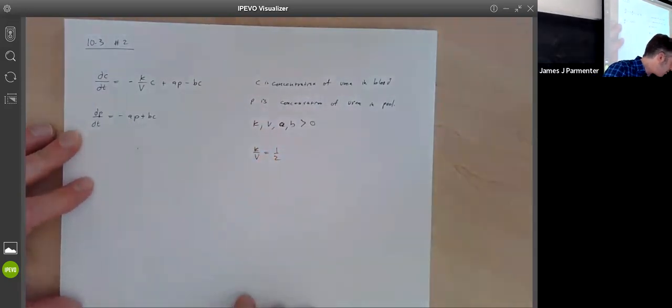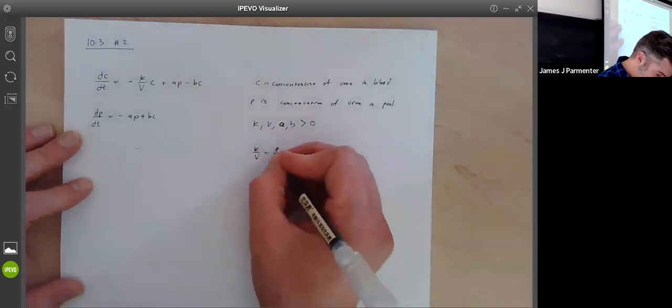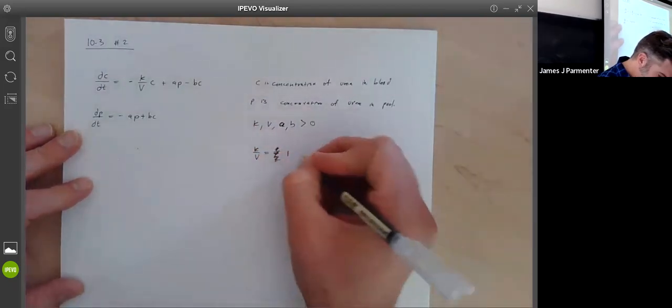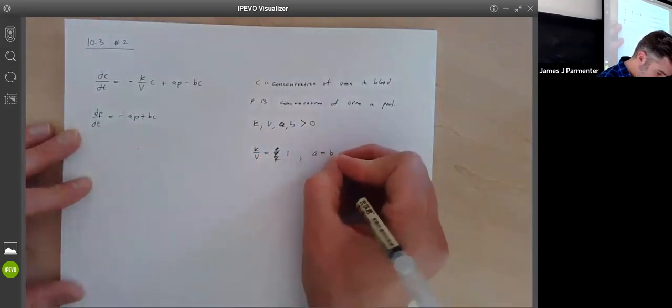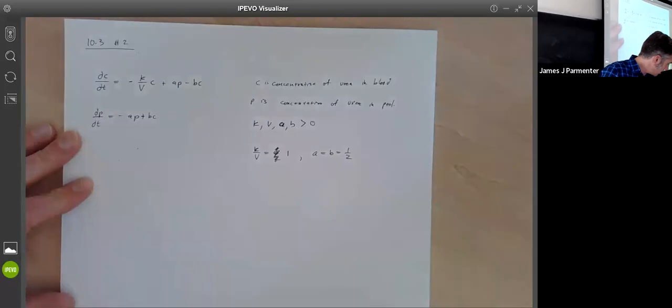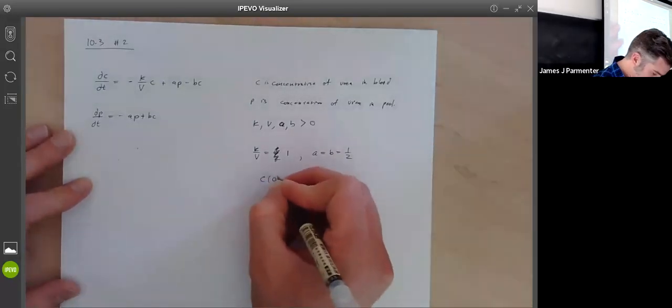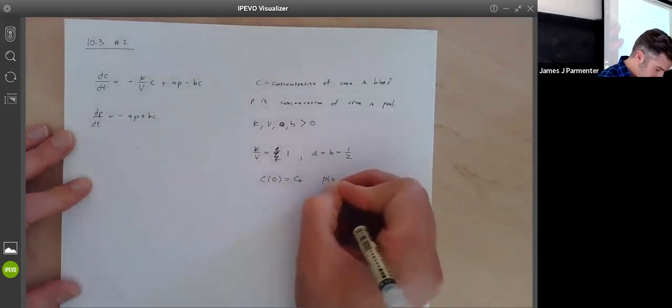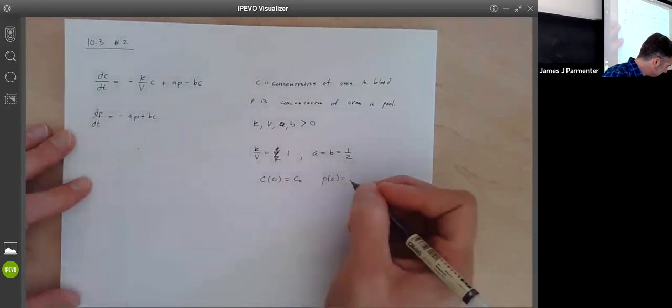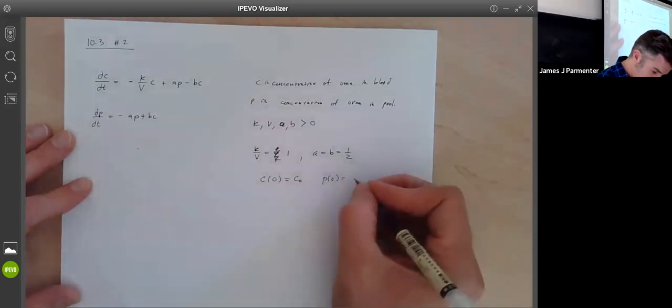Oh, sorry, not 1/2, 1, apologies. A and B are both equal to 1/2. And the initial urea concentration is that C of 0 is equal to C naught, and P of 0 is equal to C naught as well.